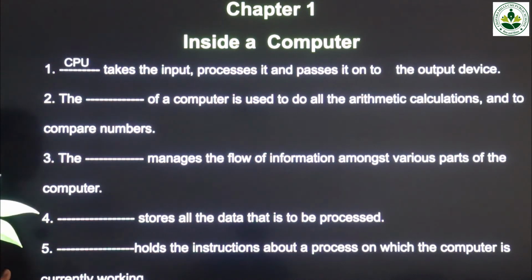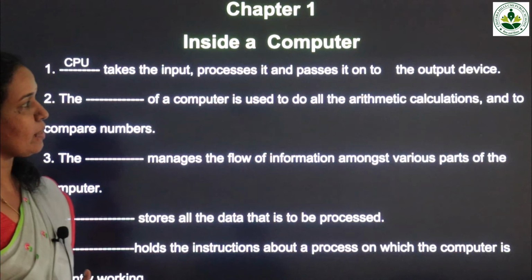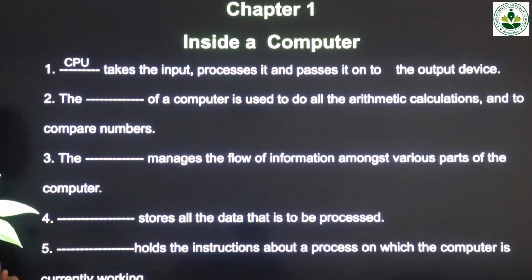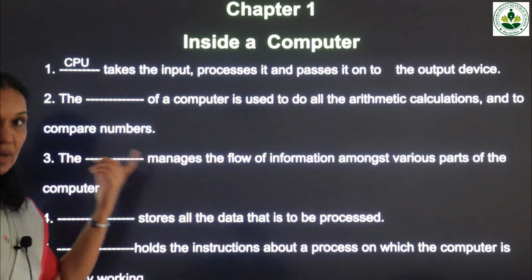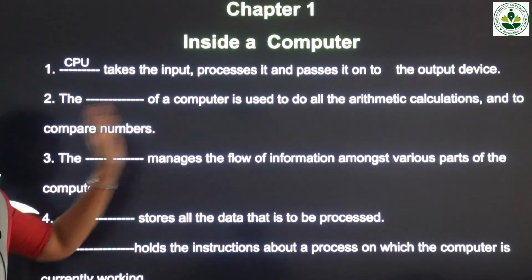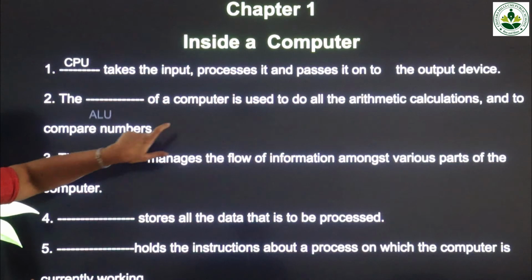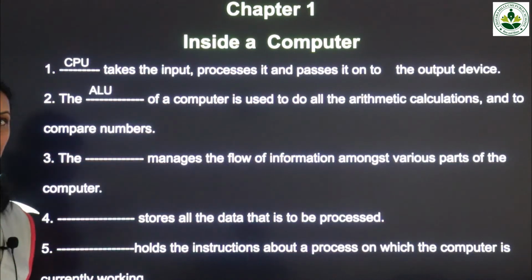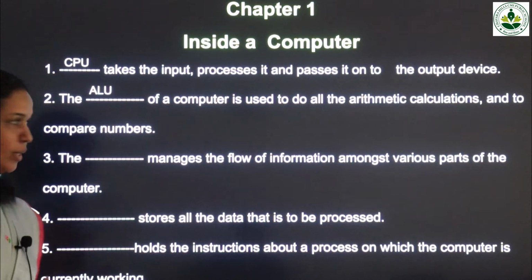Then second one, the dash of a computer is used to do all the arithmetic calculations and to compare numbers. So many calculations we can do in our computer. With the help of what are we doing all these calculations? It is the arithmetic and logic unit. The short form is ALU, arithmetic and logic unit.